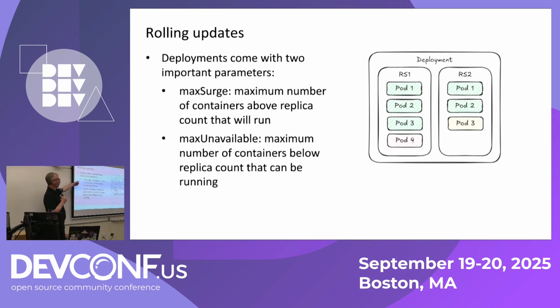That's the maximum number of containers above the total target number that you're going to have, because you start new containers in the RS2, and then as they get healthy, you shut down containers in RS1. So you limit how many extra containers you can have running in the new replica set, and you limit how many containers you kill in the old replica set before you consider the service not sufficiently available.